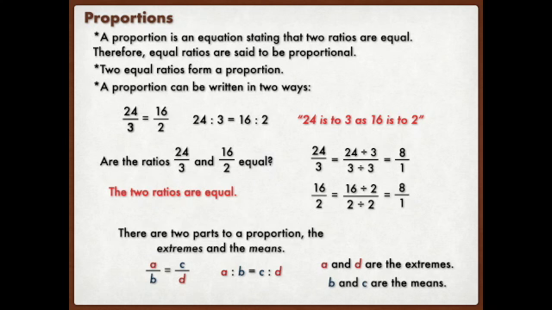Now, this is something we did in class in which we are going to be identifying the extremes and the means. The extremes and the means are basically identifying cross multiplication. So A and D are the extremes, they're getting crossed. B and C are the means, they're getting crossed.